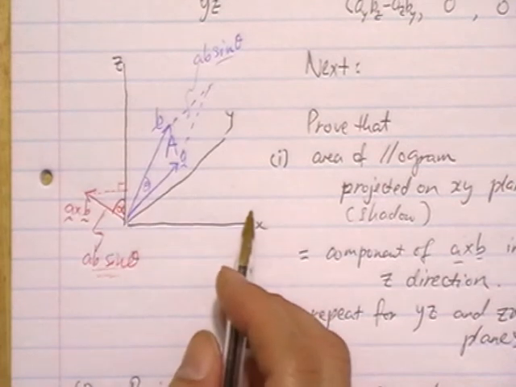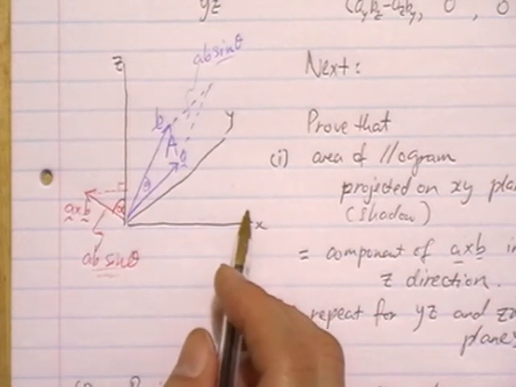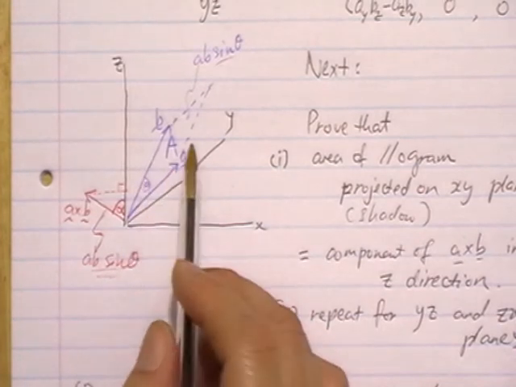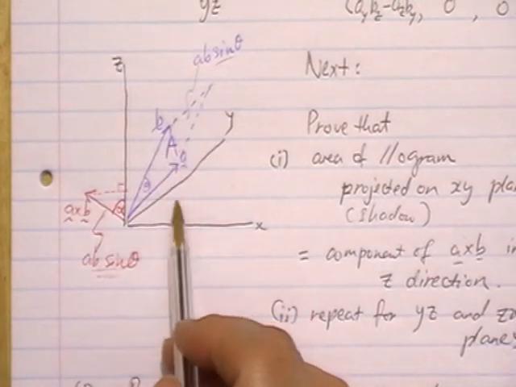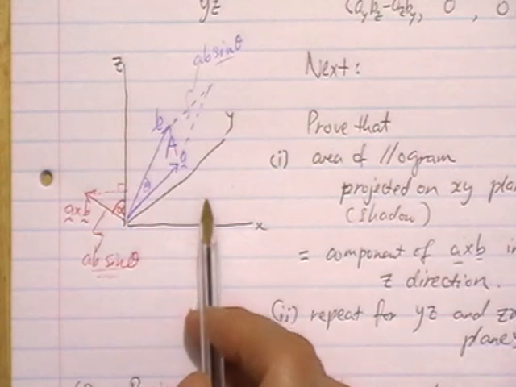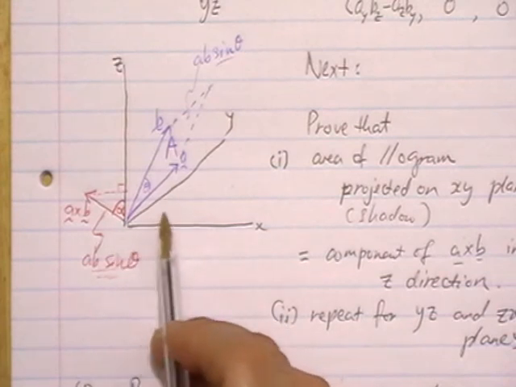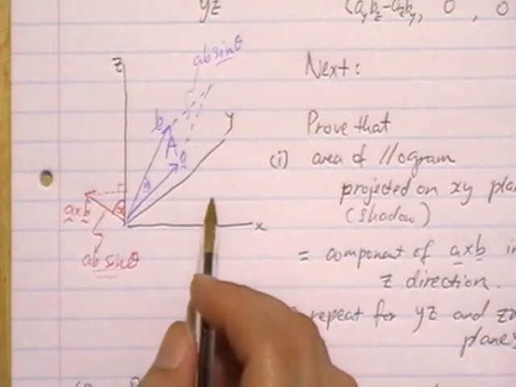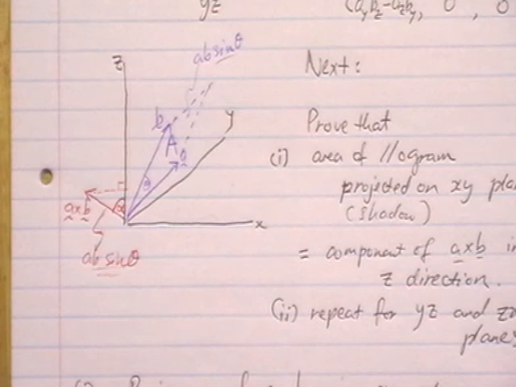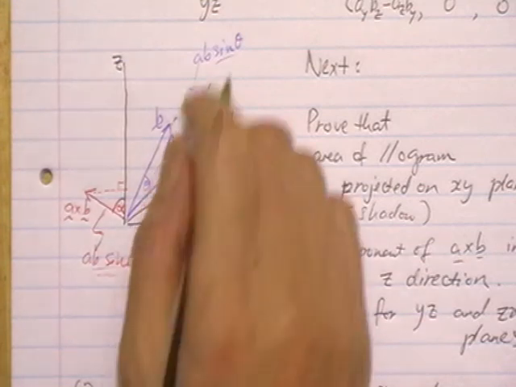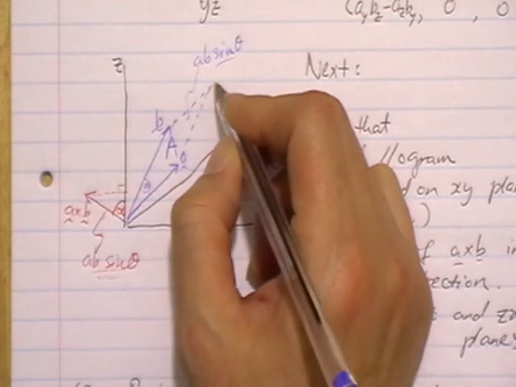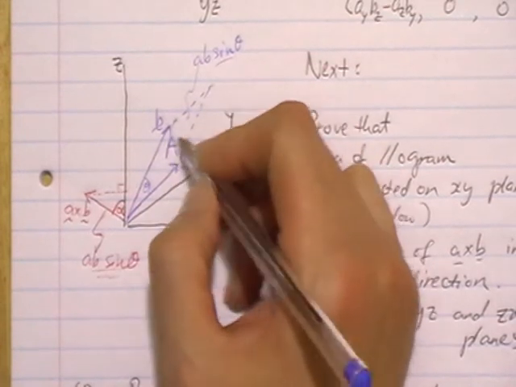Now, the next thing that we need to do then is to think about finding the area projected onto the xy plane. Think about finding that geometrically as well. If I project this area, I can imagine projecting each corner.